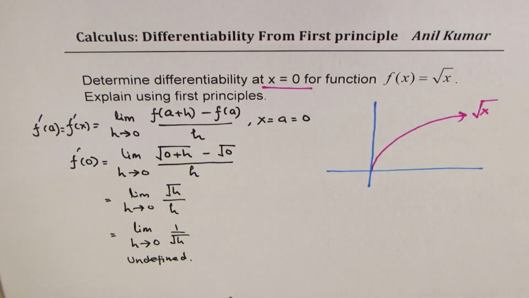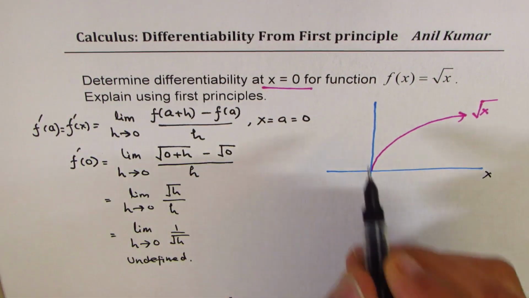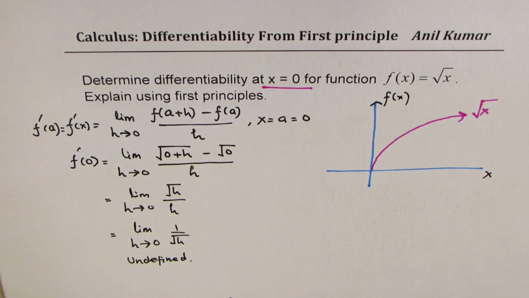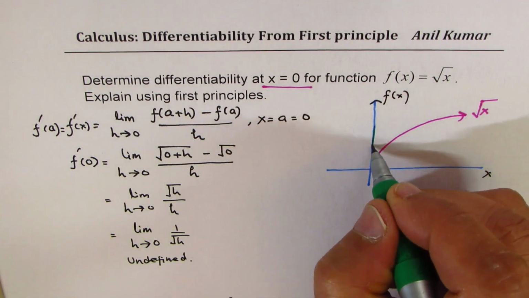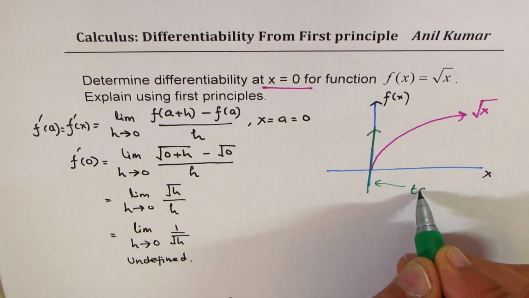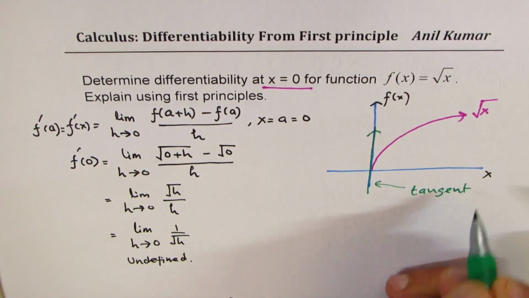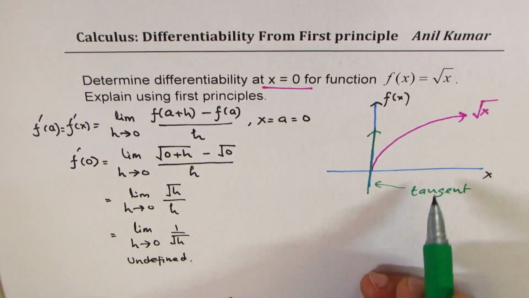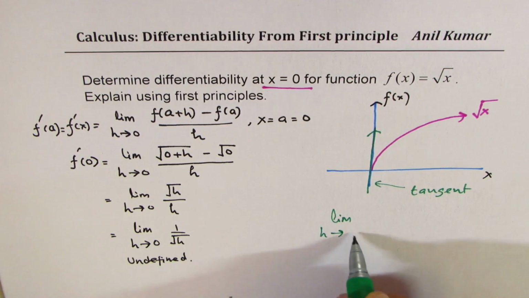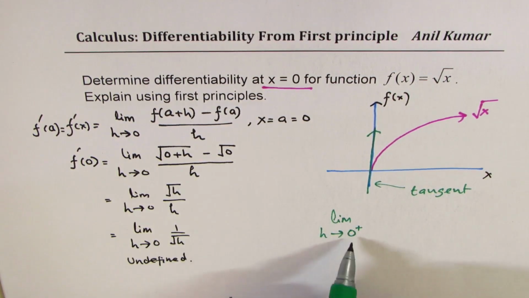So for any particular value of x, if the function f of x is square root x, the tangent at 0 is actually a vertical line, right? So that is the tangent. Now this tangent is only defined when we say h is approaching 0 from the right side.